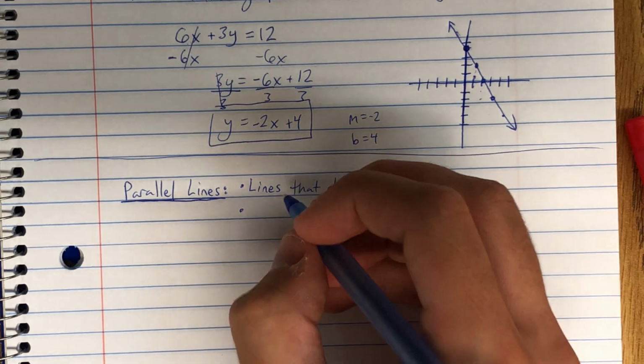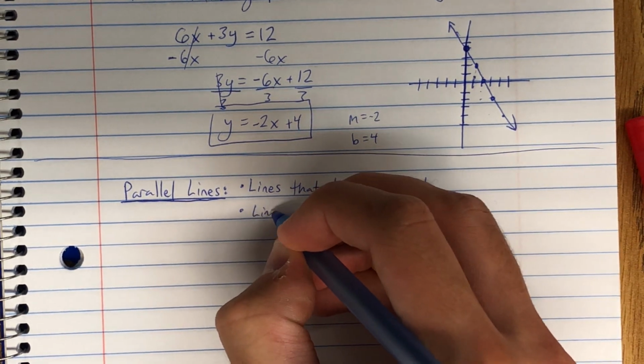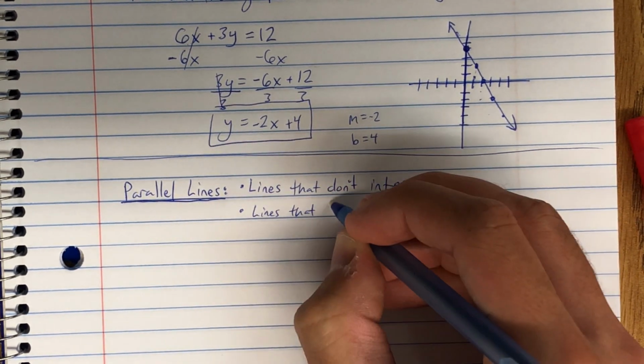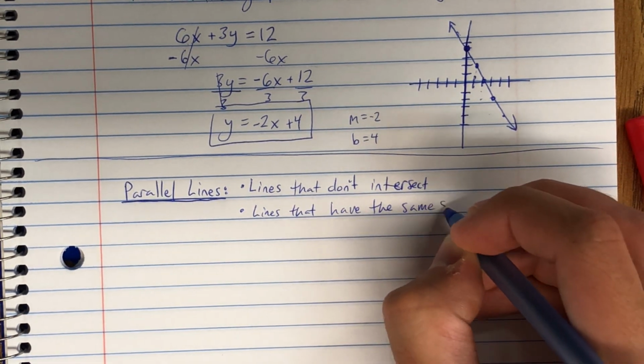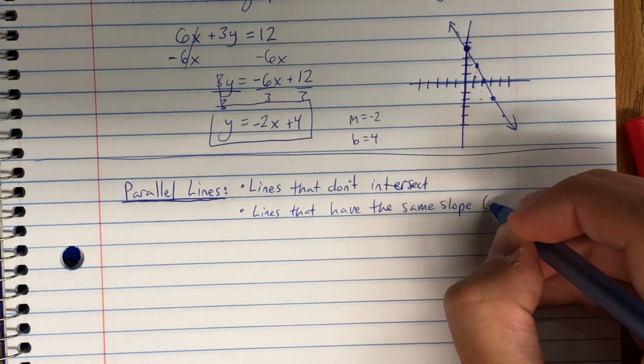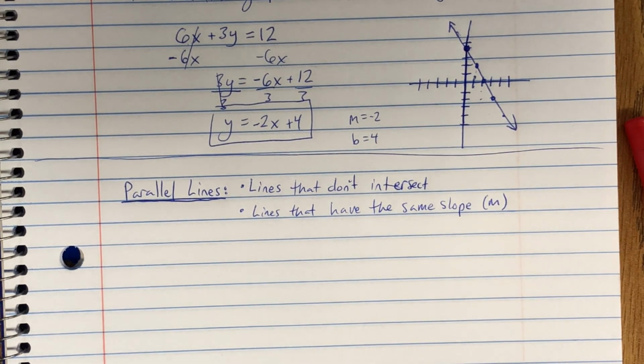And number two, that means they are lines that have the same slope, the same m value.